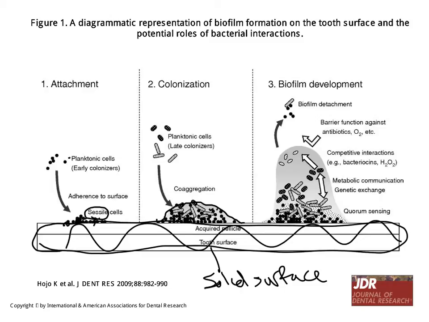All this gray jazz in here would be these interconnected networks of glycans which were produced by these bacteria. As this gets bigger and bigger, it starts attracting additional bacteria if they happen to be in the system. You could imagine in the oral cavity, you're going to have a lot of different types of microorganisms present.